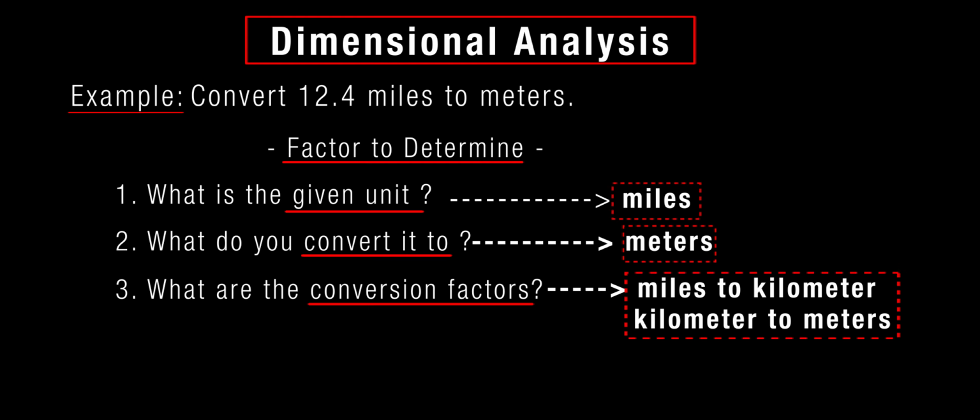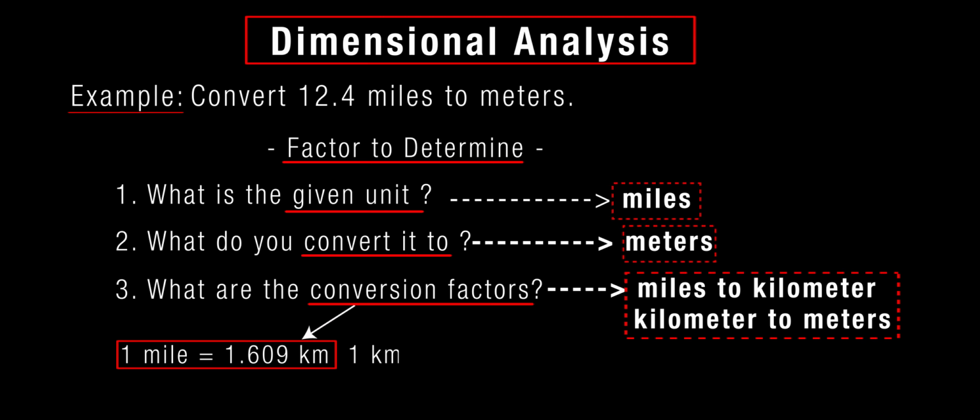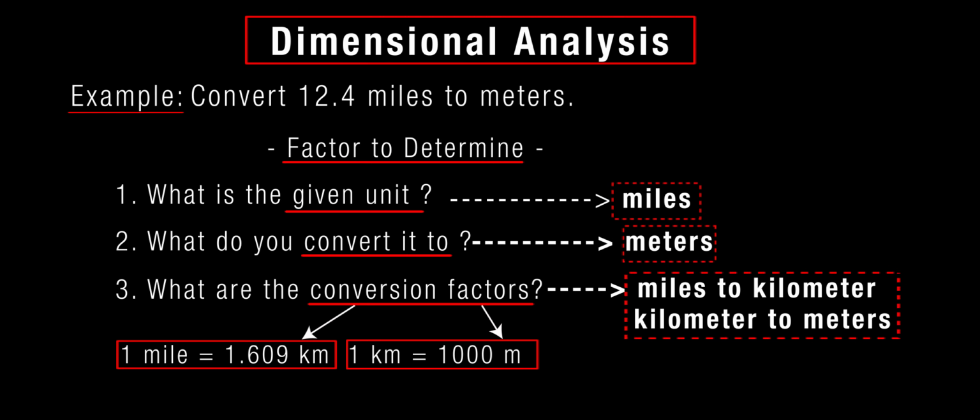The conversion factors you need to know to solve are 1 mile equals 1.609 kilometers, and 1 kilometer equals 1,000 meters. Once you've figured out the 3 factors, you can go ahead and set up the conversion factors to solve.